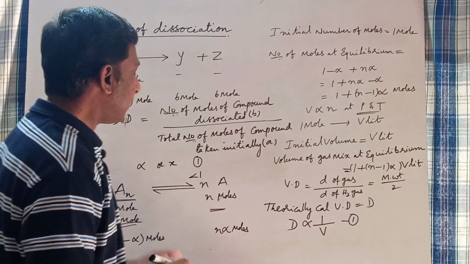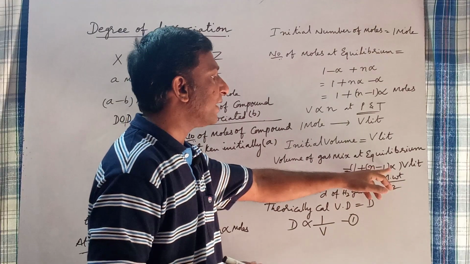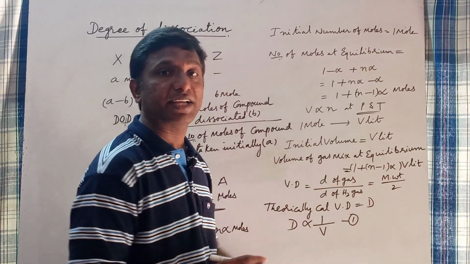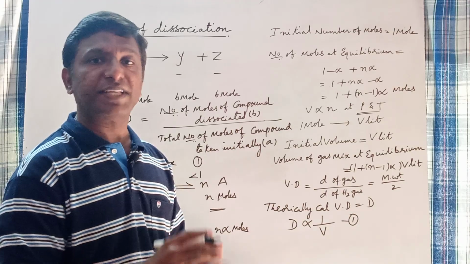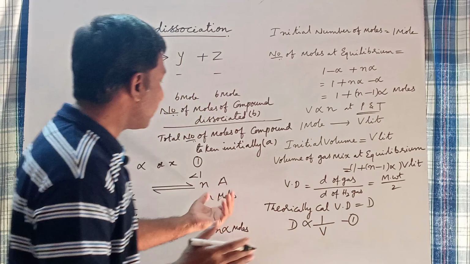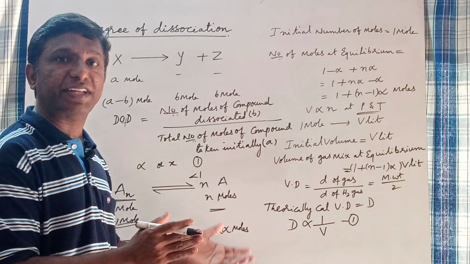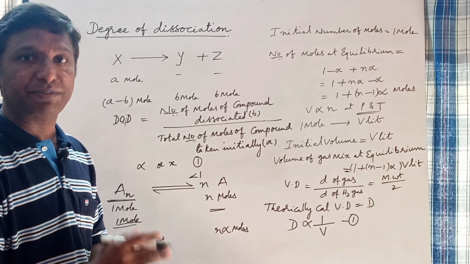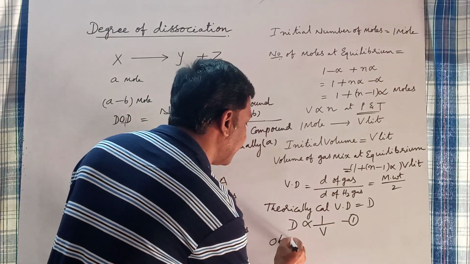After attaining the equilibrium state, the volume is [1 + (n − 1)α] × V liters. Now, the observed vapor density at equilibrium state. Since some of the large molecules are converted into simpler molecules which have lesser molecular weight, there is automatically a change in the vapor density of the formed products. The average vapor density observed at equilibrium is denoted by small d.